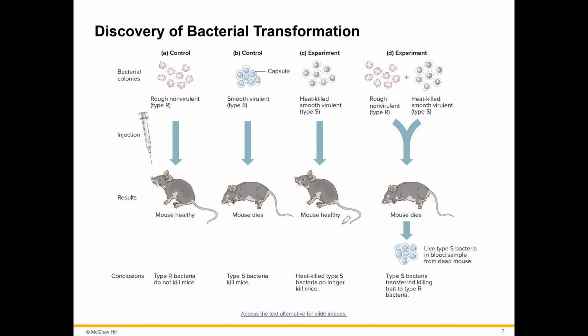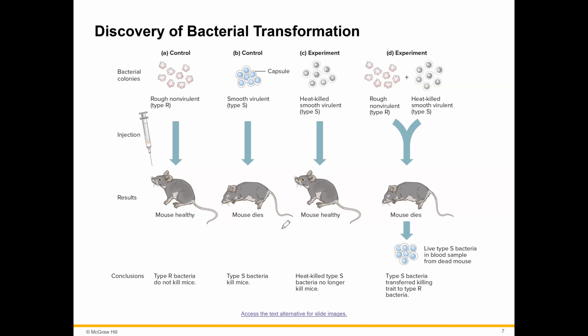That really makes sense, because bacteria is a living organism, and a living organism causes disease, pneumonia, and kills the mouse. If you kill the bacteria, it's not supposed to kill a mouse, and that's what his experiment supported. But here's the interesting part.